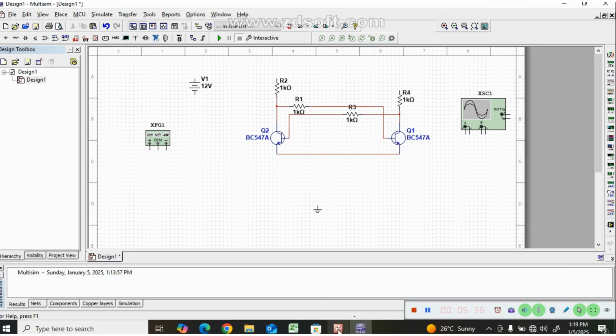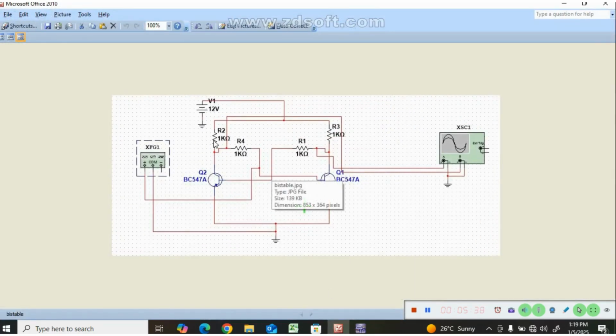Now the collector terminals of both transistors are connected through their respective 1 kilo ohm resistors, and these two resistors are connected with each other.